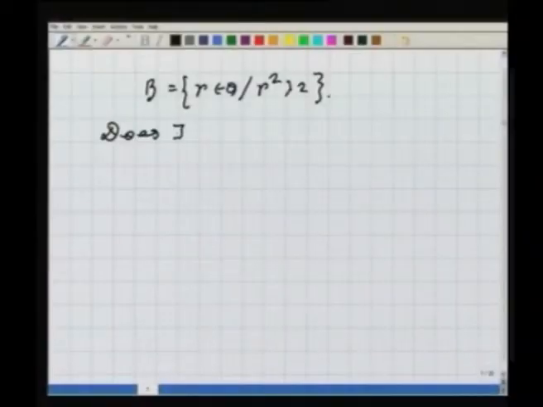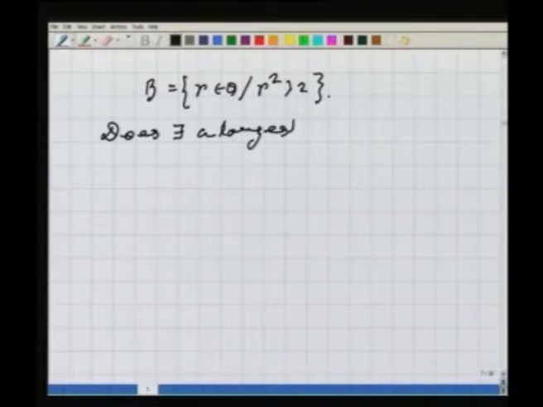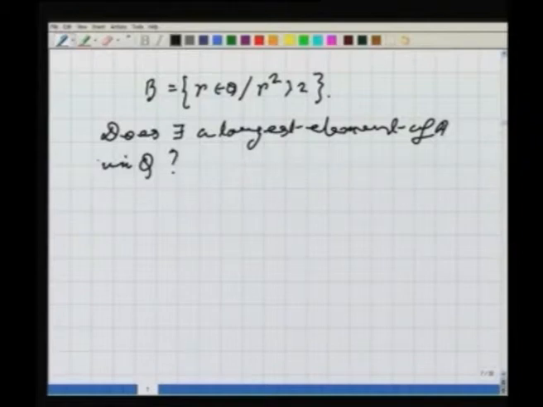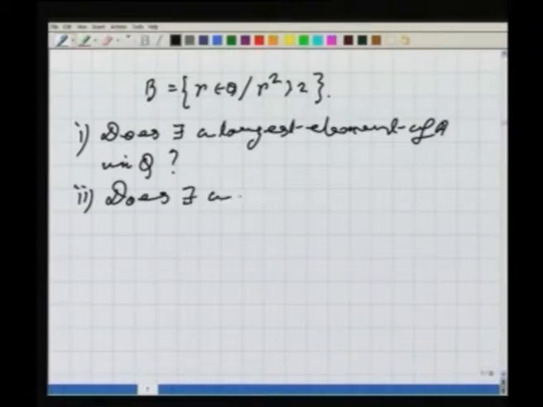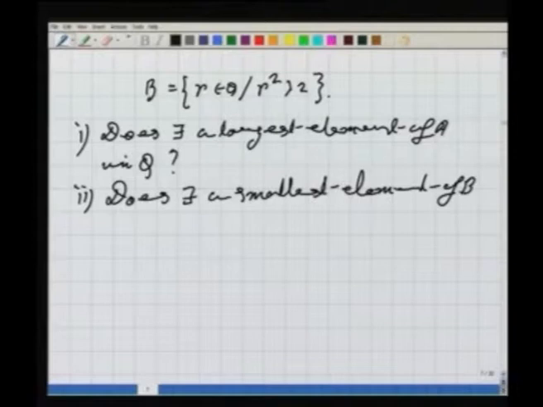Well, the question I ask is, does there exist a largest element of A in Q? I can also ask, does there exist a smallest element of B in Q?